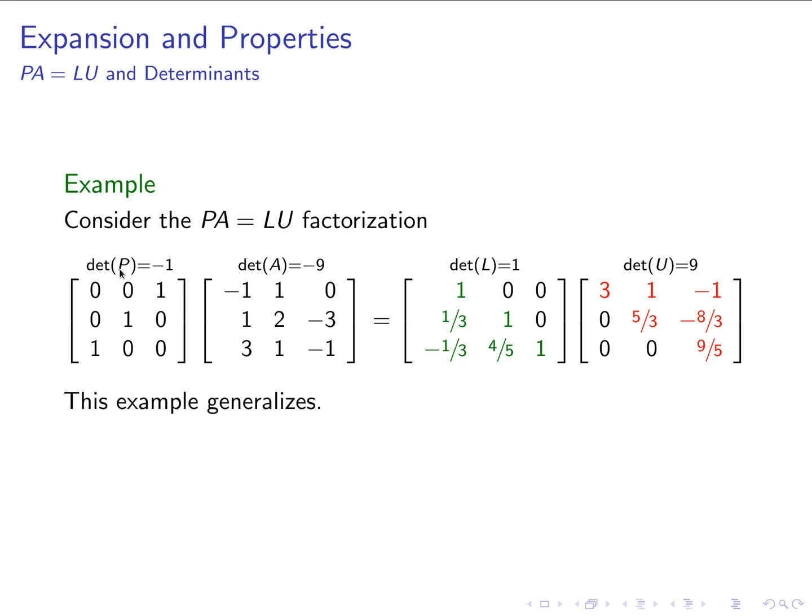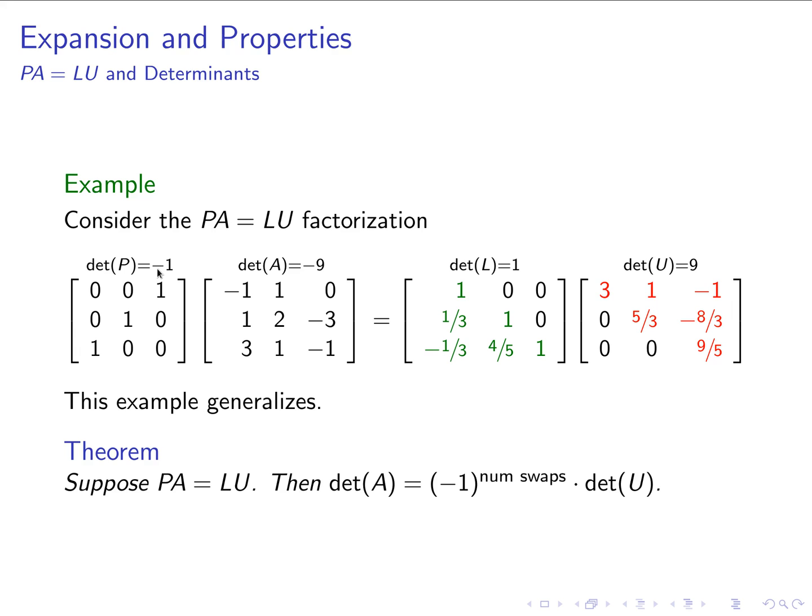Also, the matrix P is obtained by doing row swaps on the identity matrix. So the determinant of P is going to be plus or minus 1, where whether or not we choose plus or minus 1 is determined by the number of row swaps we do in our algorithm. So this gives us a nice way to calculate the determinant of a matrix by using the PA equals LU algorithm.